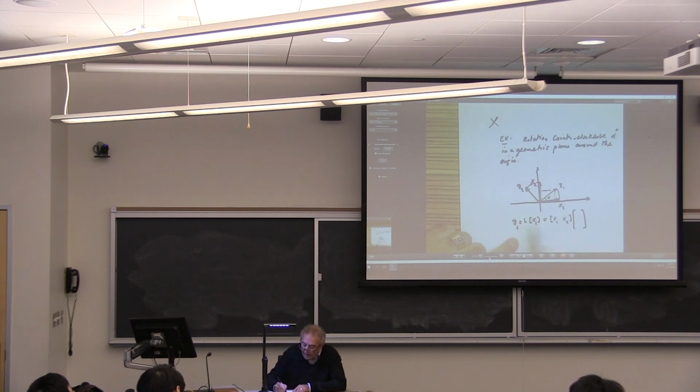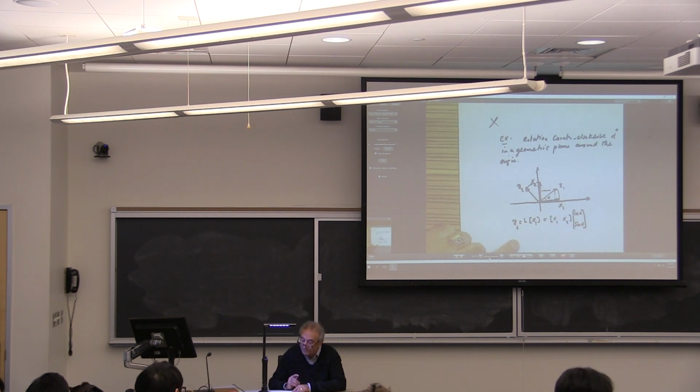The x component becomes cosine alpha, and the other one becomes what? Sine alpha. Everybody can see that, right? So the cosine alpha becomes this component, and the sine alpha becomes this component.